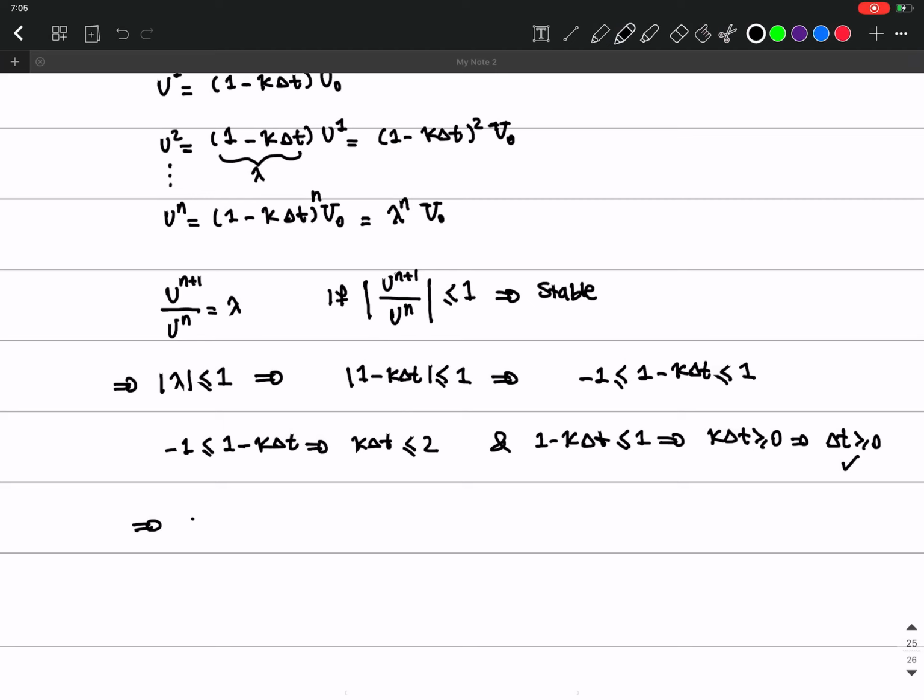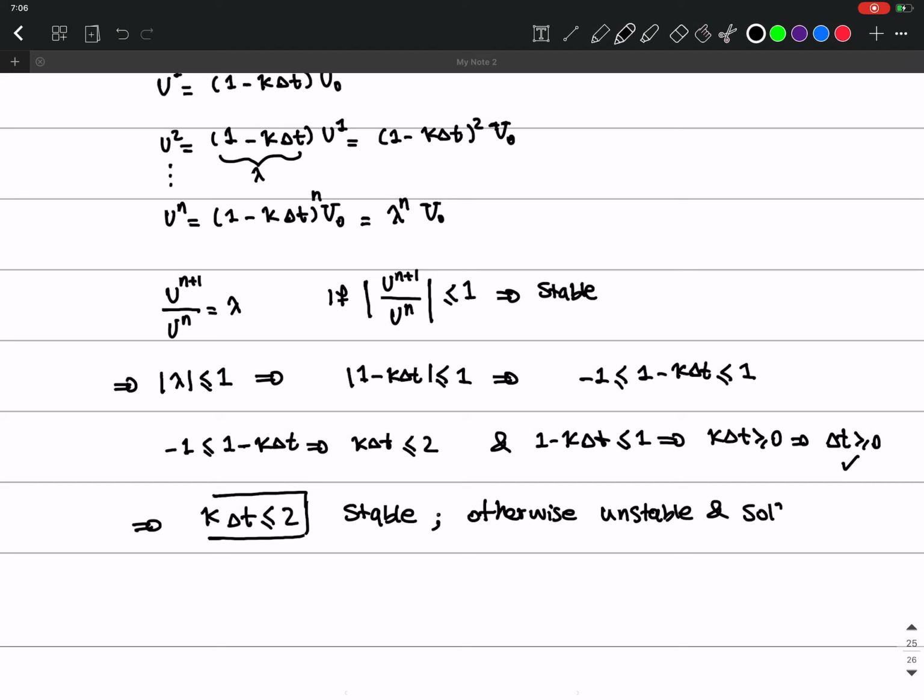This means kappa delta t smaller or equal to 2 will have a stable solution, otherwise unstable, and numerical solutions blow up.